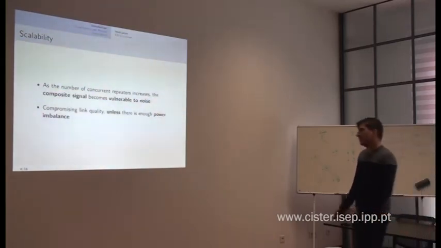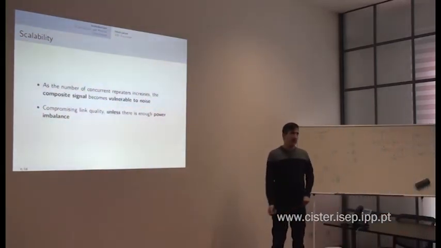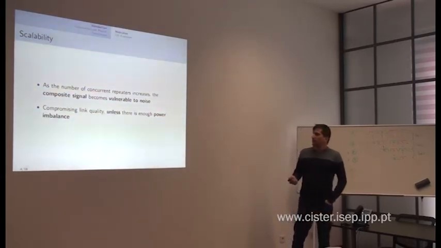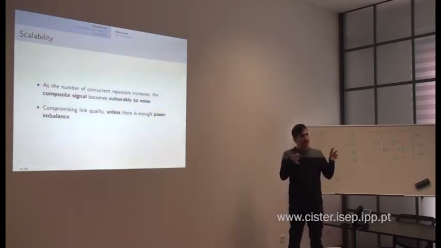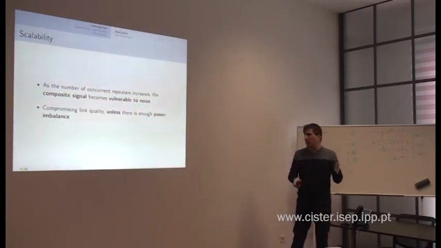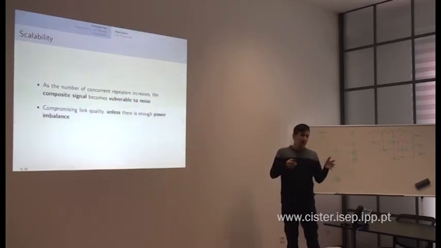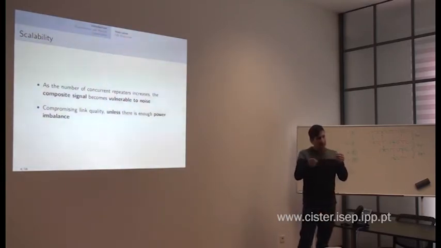We designed some experiments to study this in detail. What we find is that as the number of concurrent repeaters increases, the composite signal formed by all these nodes adding up becomes vulnerable to noise, and I will show soon why. That compromises the quality and reliability of the link.